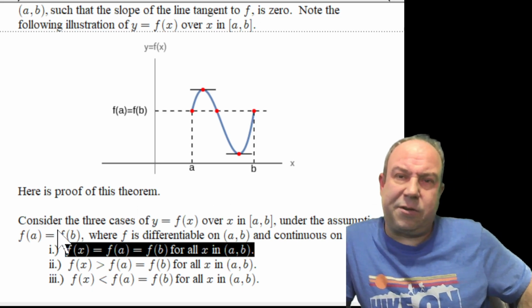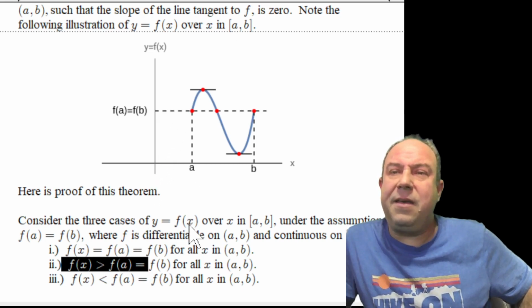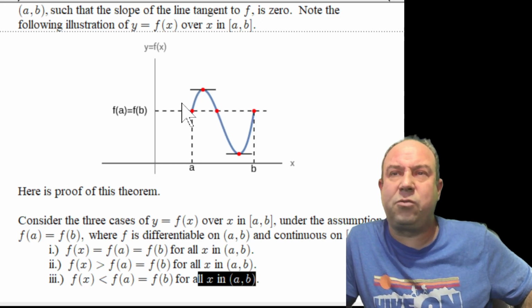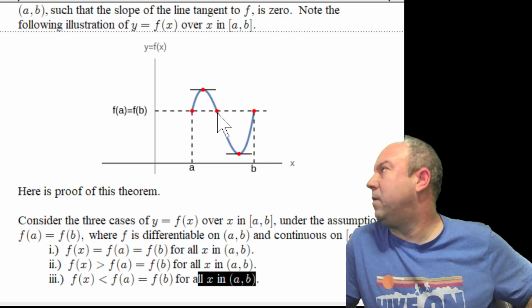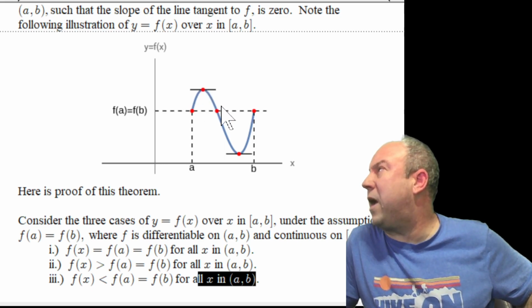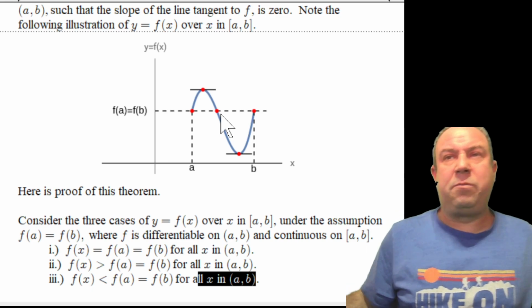Or we could consider the case where f of x is greater than f of a, for all x in some interval from a to b. That would be the case here in this illustration, where we might just be in this upper portion, where b is not down here, but we might put b at this first point. Here in this portion, f of x is greater than f of a, which would be equal to f of b if we put b at this endpoint.